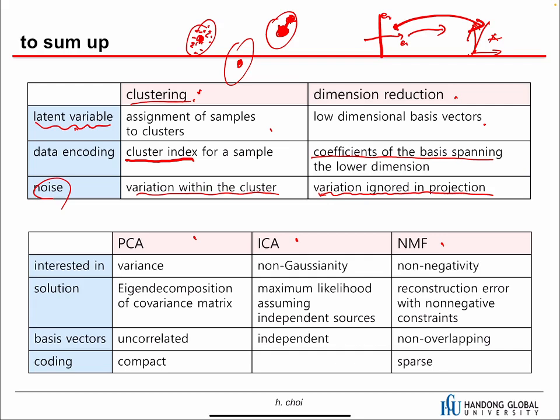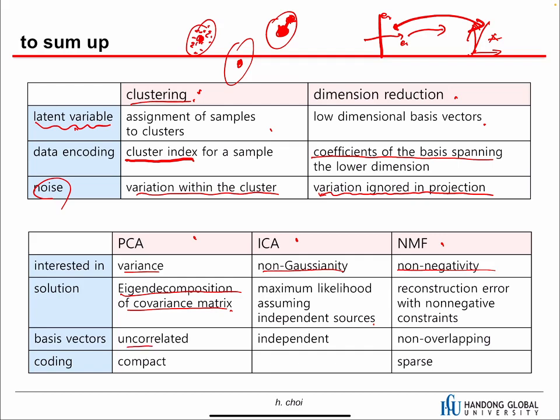When we compare PCA, ICA, and NMF, we are interested in variance, non-Gaussianity, or non-negativity. The solution in PCA is the eigendecomposition of the covariance matrix, in ICA it is maximum likelihood assuming independent sources, and in NMF we use reconstruction error or KL divergence with a non-negativity constraint.